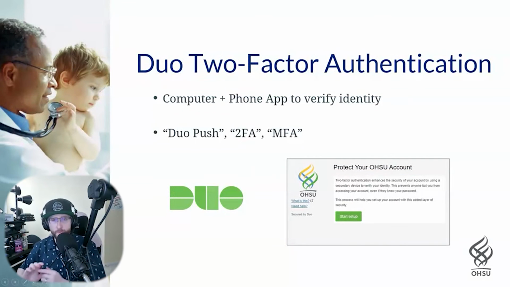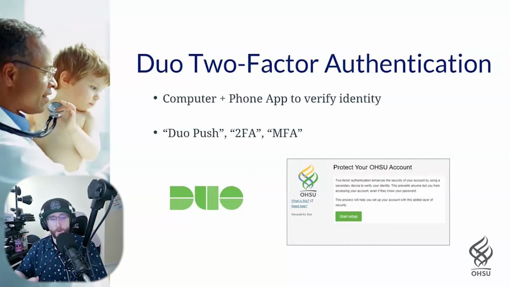Moving on, we're going to talk a little bit about Duo two-factor authentication. So by now, I would suspect that you've probably had an interaction with this, but in case you haven't, Duo is our multi-factor authentication vendor. And basically, the process is when you log into a system on your computer or on your phone, it will request to validate who you are using Duo's application.